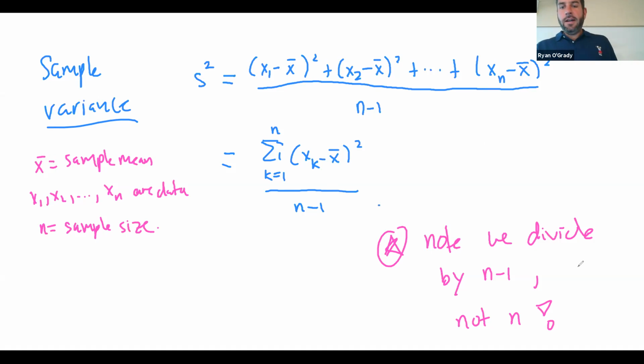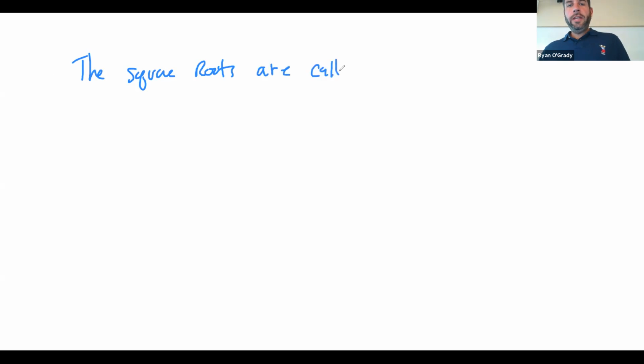Amazing. All right, so let's get into the fun of actually putting this stuff to use. Oh, by the way, before we do that, we should say one thing. The square roots are called the standard deviation.